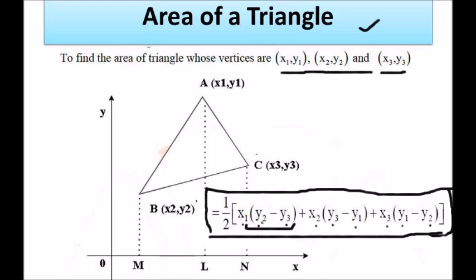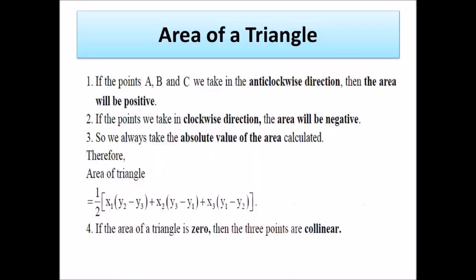Okay, now let's remember these points. If the points A, B and C are taken in anti-clockwise direction, then the area will be positive. If we take them in clockwise direction, then the area will be negative. So we always take the absolute value of the area calculated.